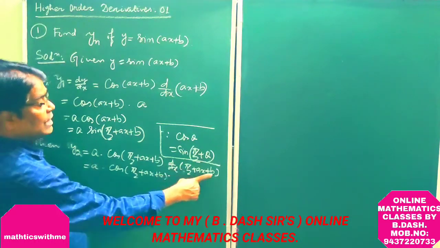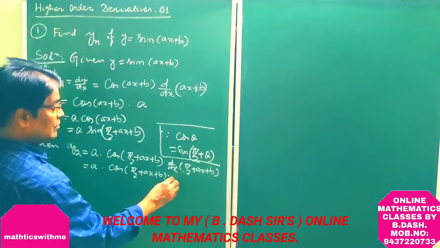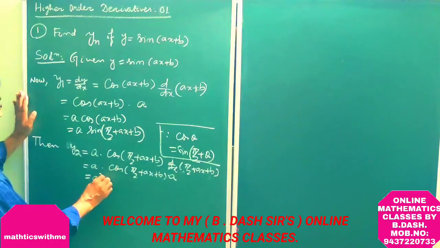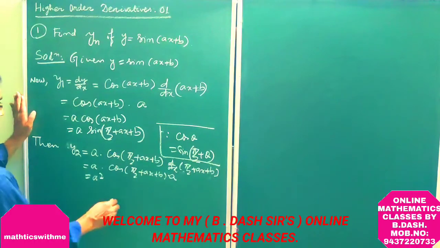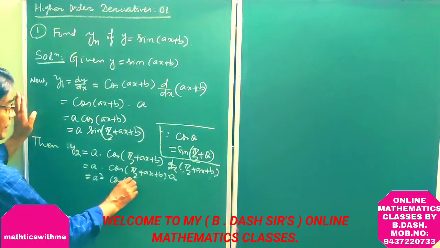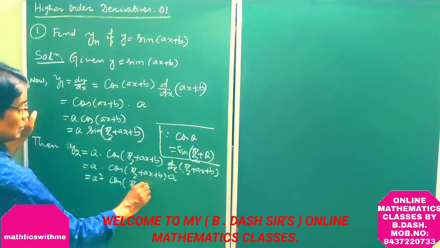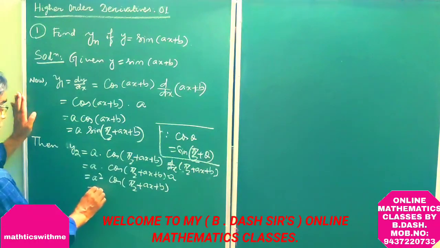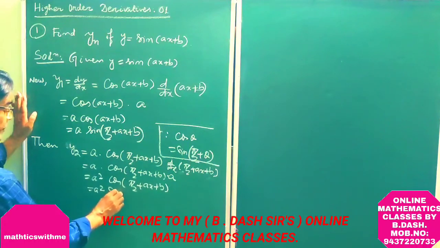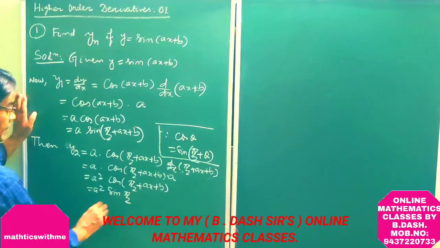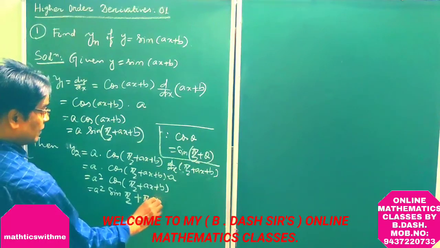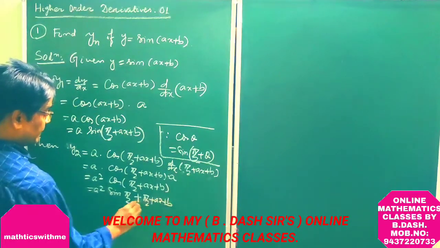This is equal to a cos of pi by 2 plus ax plus b and into a, because the derivative of pi by 2 is 0 and the derivative of b is 0. So this is equal to a square cos of pi by 2 plus ax plus b. This is equal to a square sine of pi by 2 plus pi by 2 plus ax plus b.